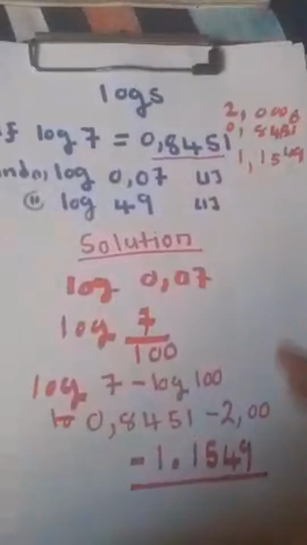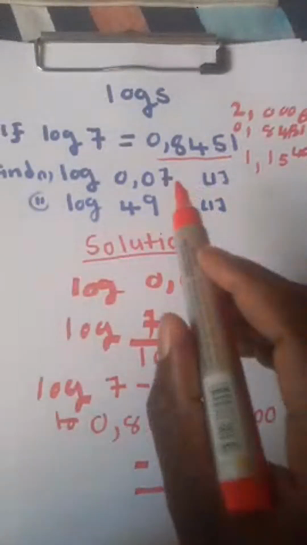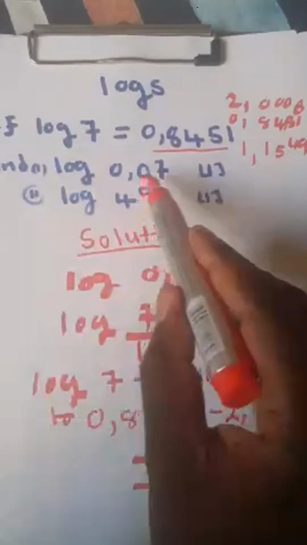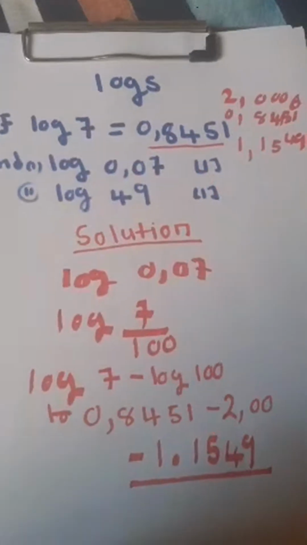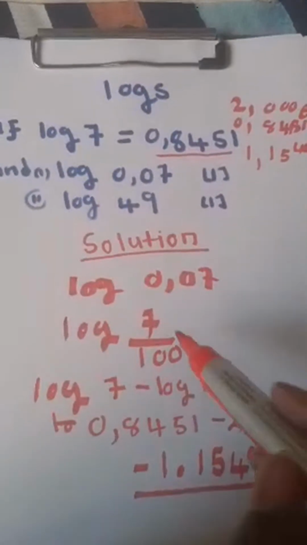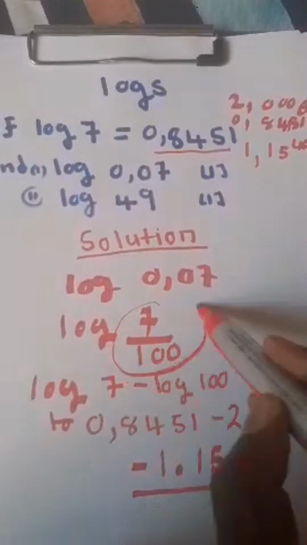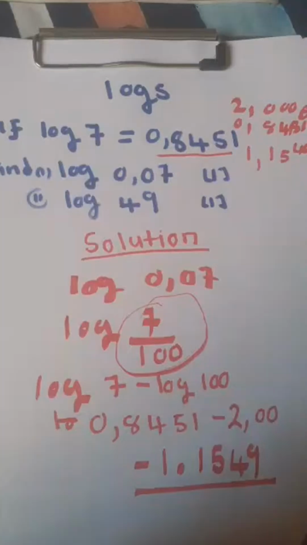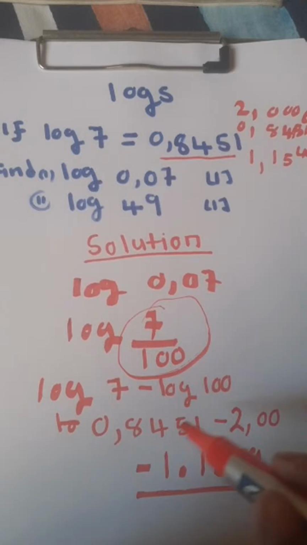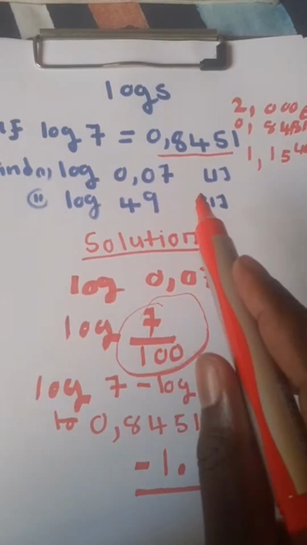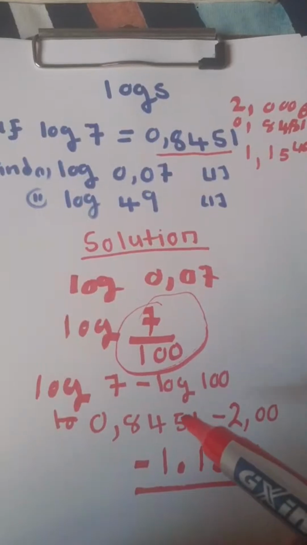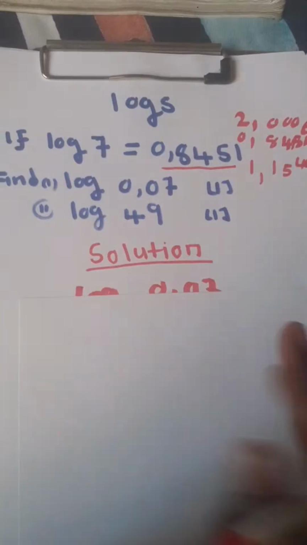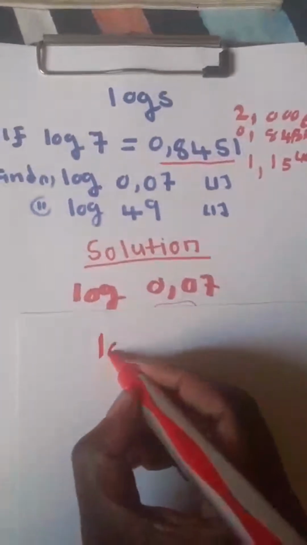So like I said earlier on, log 0,07 is the same as 7 over how many digits after the comma? 2. So it's over 100. So here we are now dividing. So it's now like log 7 minus log 100. Then log 7 we're given as 0,8451.